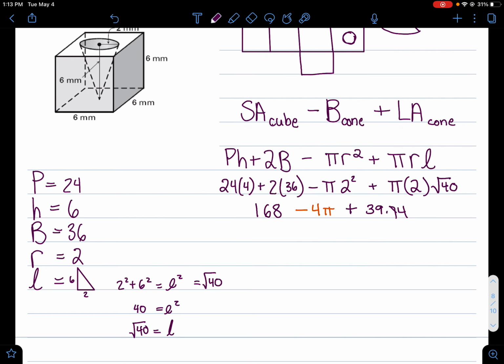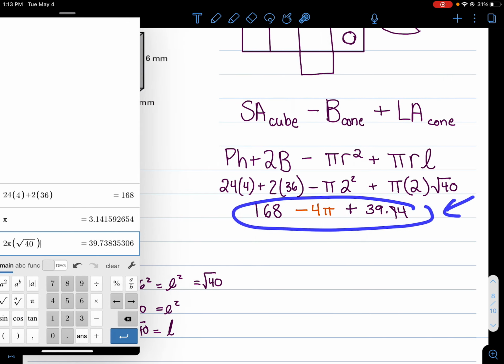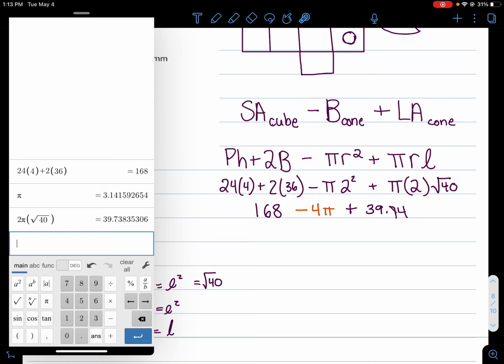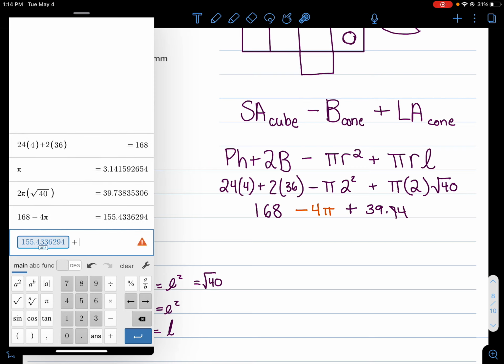And so we're almost done. Now that this has been cleaned up a little bit, I'm going to go ahead and just type the whole thing in my calculator. 168 minus 4 pi plus the 39.74. I'm going to put some more decimal places because I like my answer to be as exact as possible.